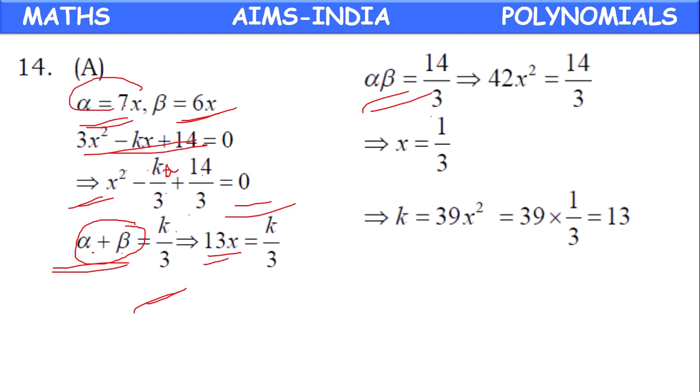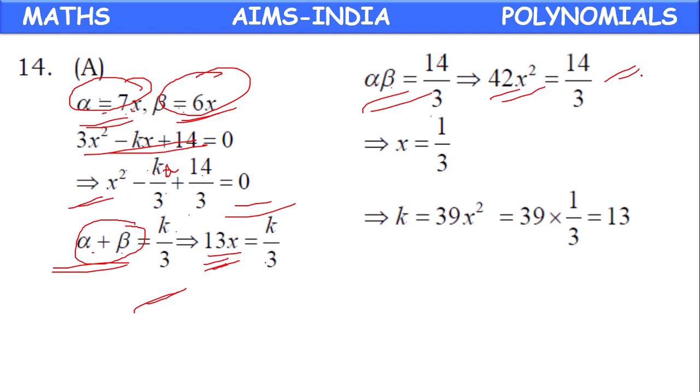Because here we have taken alpha equal to 7x, beta equal to 6x. So directly we can write alpha plus beta equal to 13x. So 13x equal to k by 3. Alpha beta 14 by 3, where alpha 7x, beta 6x, 7 6s are 42x square equal to 14 by 3.